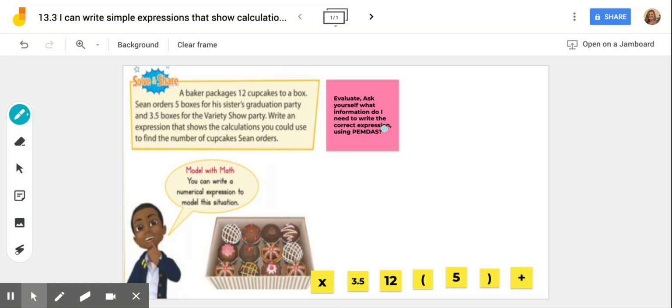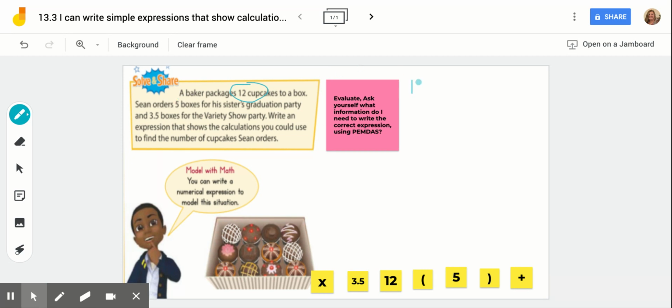All right, so I have my evaluate box here. I made a little sticky box. Ask yourself, what information do I need to write the correct expression using PEMDAS? I'm leaving that here to remind myself. A baker packages 12 cupcakes to a box, so there's 12 cupcakes in one box.